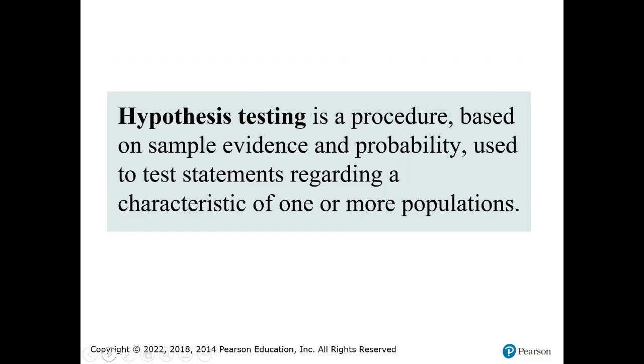And then we're going to use this process of hypothesis testing, which is a procedure based on sample evidence and probability used to test our statements regarding that characteristic of one or more populations. So this chapter is going to be one sample, and then next chapter is going to be 2 samples.